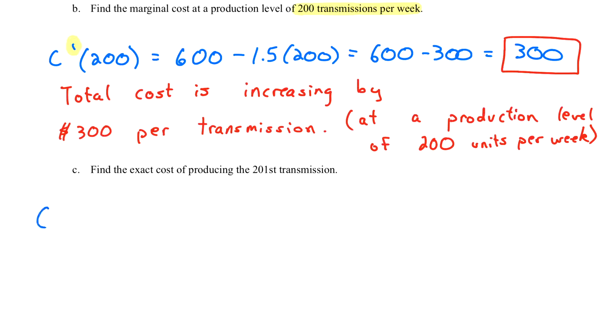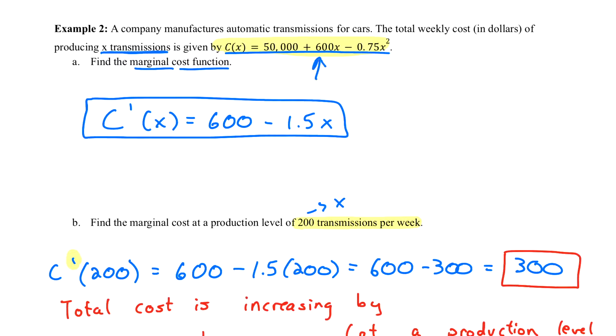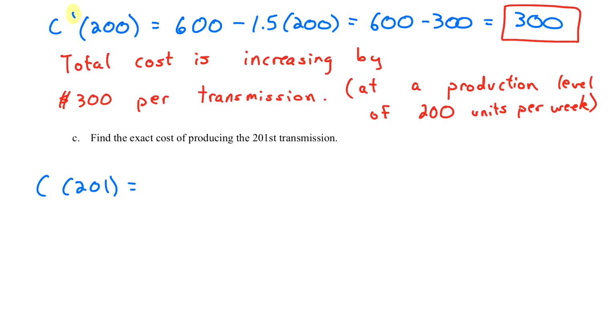Now, if I take C(201), that might be a good start. Remember, C is my cost function up here. But this is going to tell me the total cost of manufacturing 201 transmissions, so it's not just the 201st, it's all 200 that came before it.